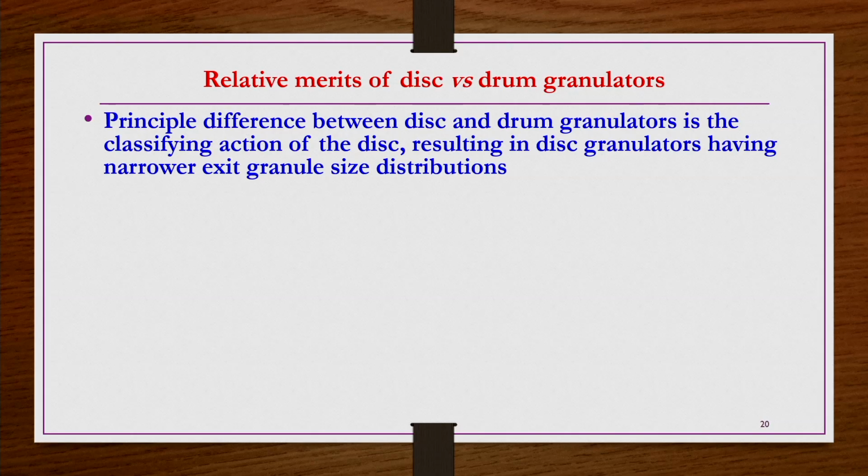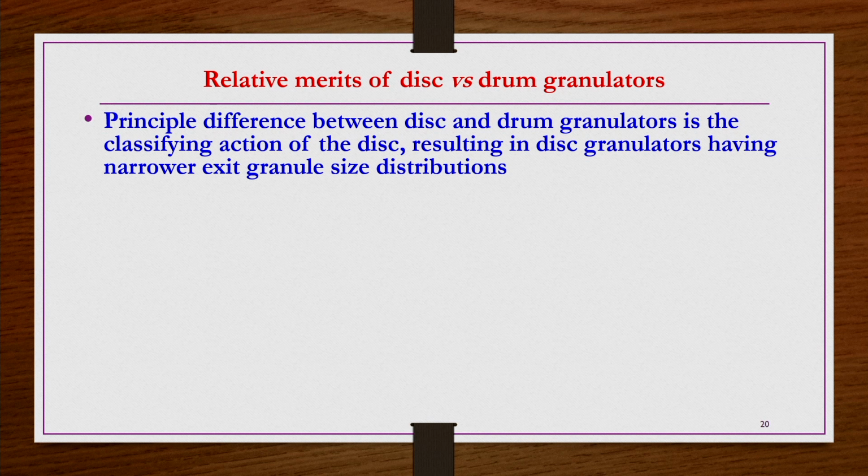Now, we see some relative merits and demerits of disc versus drum granulators. The principal difference between disc and drum granulators is the classifying action of the disc, which we have already seen.